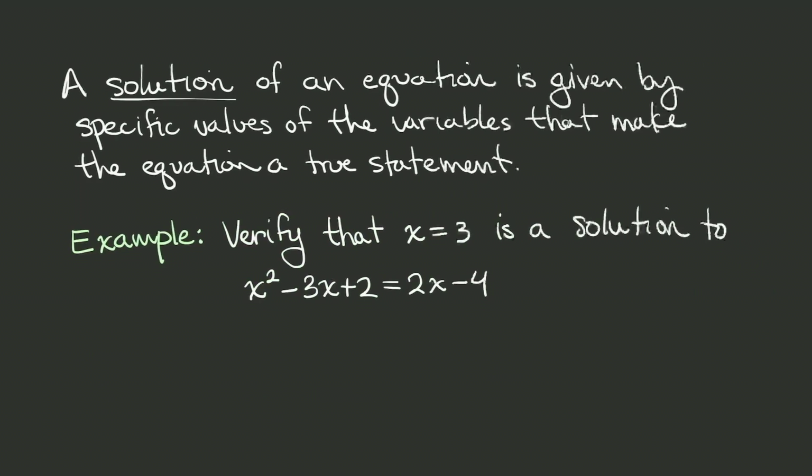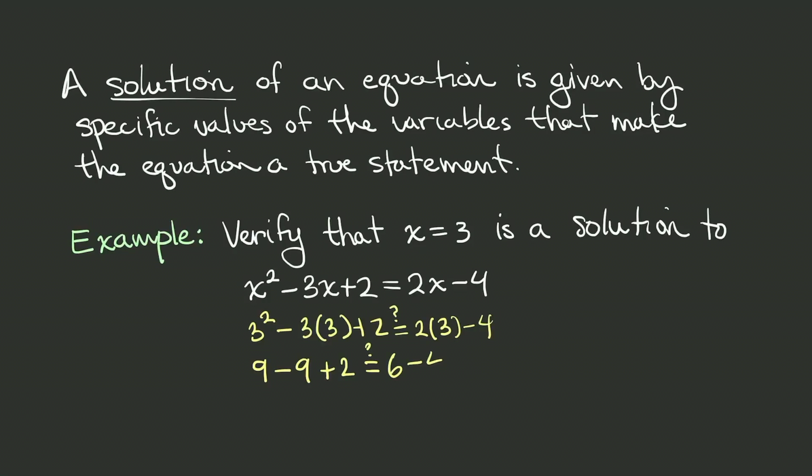So we'll have 3 squared minus 3 times 3 plus 2, and we're checking to see if that's actually equal to 2 times 3 minus 4. Now we need to simplify both sides. On the left we have 3 squared, which is 9, minus 3 times 3, which is another 9, plus 2. And we're checking to see if that is equal to 2 times 3, which is 6, minus 4.